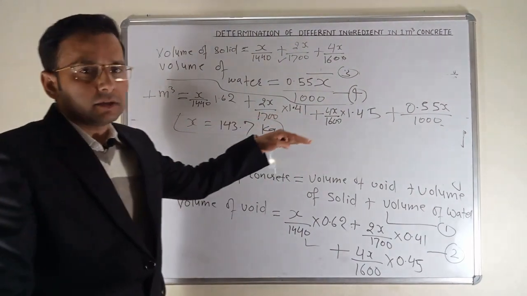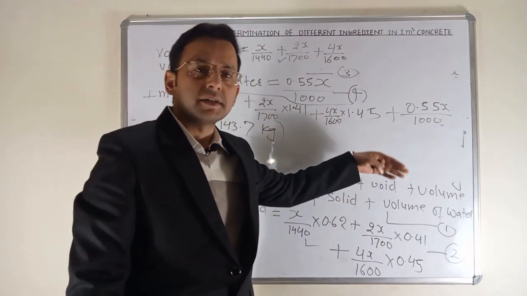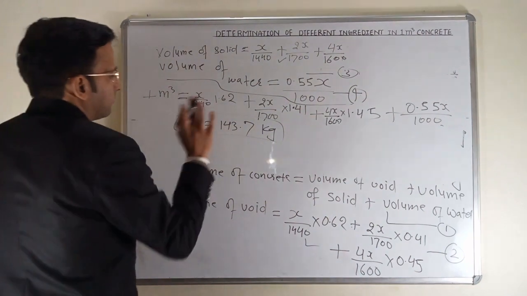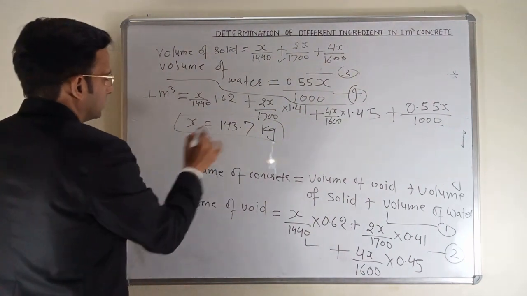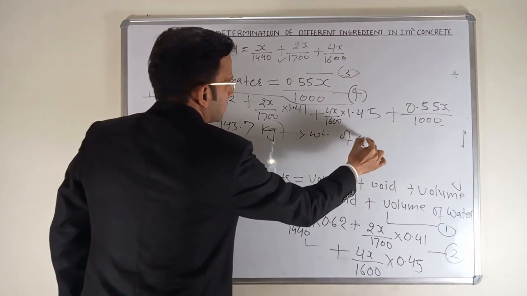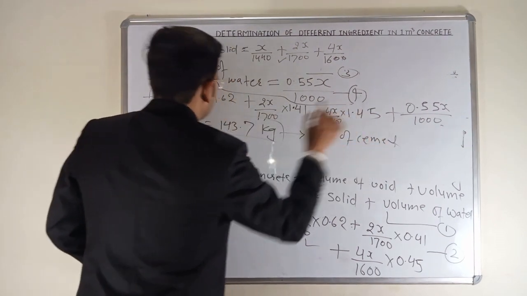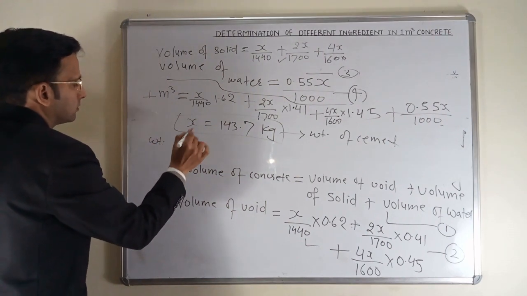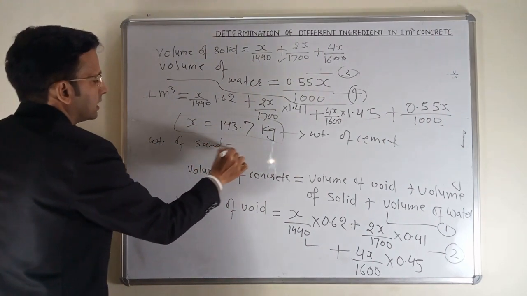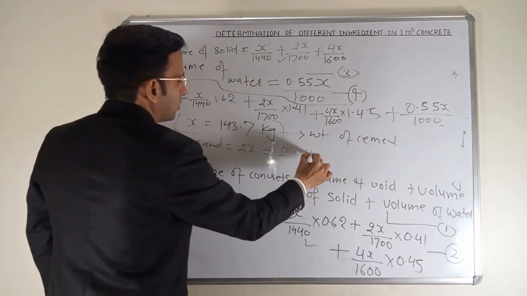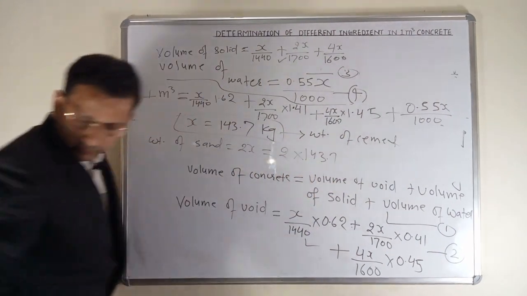What was the x? X was the weight of cement which we have considered at the beginning. If we have calculated the value of x, then it is nothing but the weight of cement. Then we can easily calculate the weight of sand. That is 2x. We can multiply 2 times 143.7.